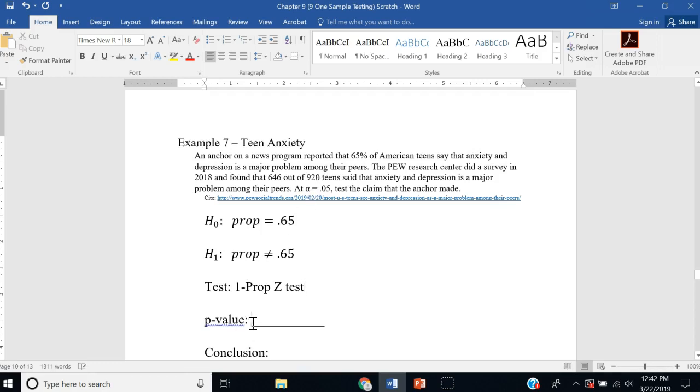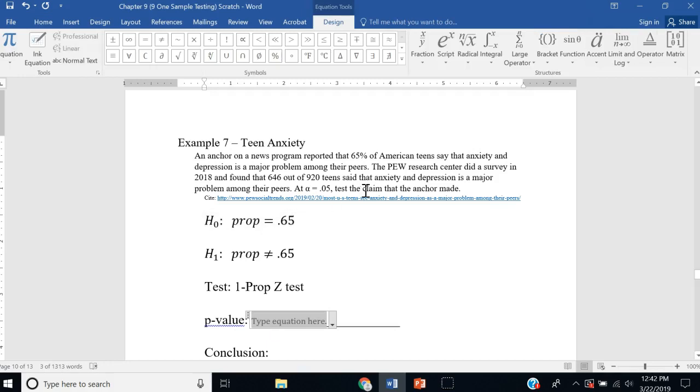The P value, which is the one we're trying to look at, is 9.07 times 10 to the negative fourth, let me write that down in scientific notation. Okay, that's a very small number.